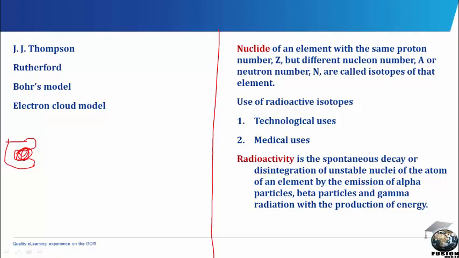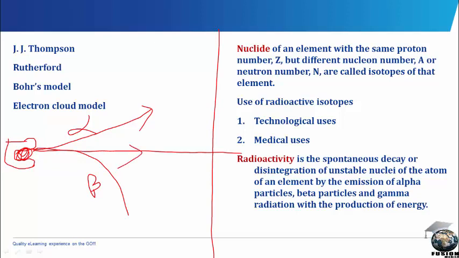And when it disintegrates, it will give out three major things. One, the alpha particle. Two, the beta particle, highly deflected. Then the final one, which will be undeflected, is the gamma particle. The alpha will have a slight deflection because it's heavy.